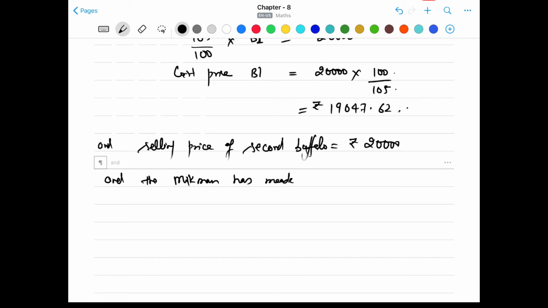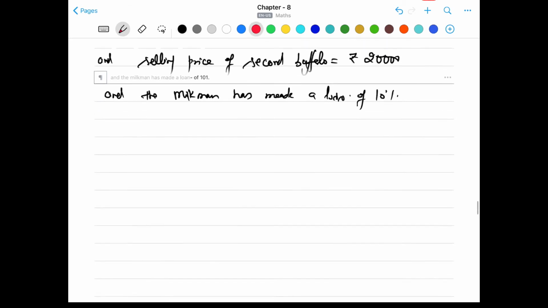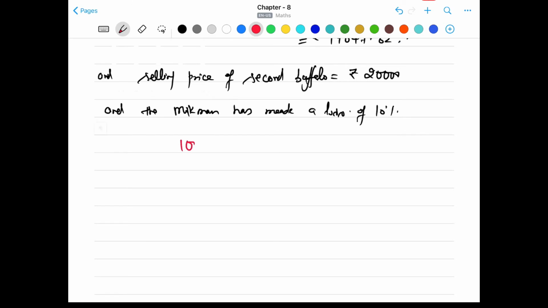In this case, again, the total cost for any article is 100%, and since he is making a loss of 10%, 90% of the cost price will be equal to this 20,000. So the 90% of the cost price will be equal to 20,000.